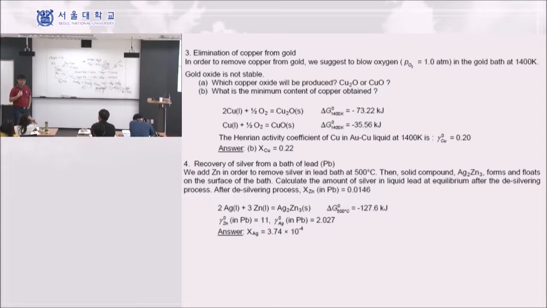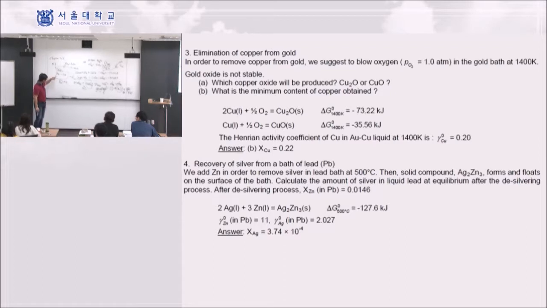So what people are really doing is, copper is the main impurity, and one of the things you can think about is the copper activity coefficient, 0.2. Is there any way I can change that activity coefficient? You would intentionally add some other impurity material into the liquid gold. Is there anything which can change my Henry activity coefficient?